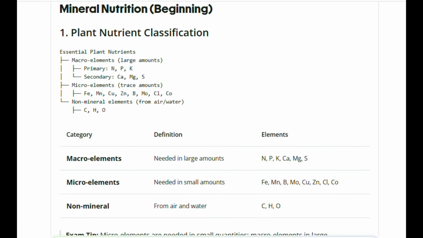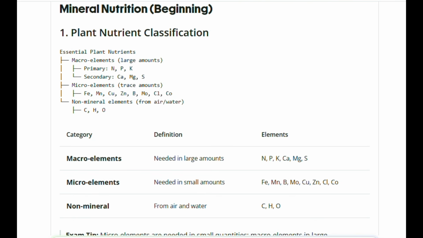Mineral nutrition: an introduction to macro and micro elements. At the top we have the elements, which are the nutrients in soil. Then we have macro elements and micro elements.